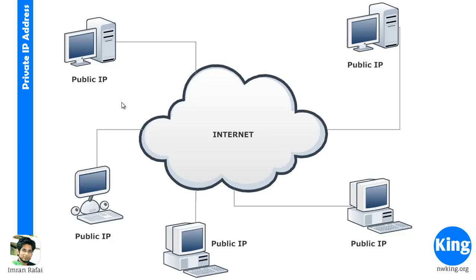Maybe they did not anticipate the internet growing as it did in the last couple of decades, and very soon they realized they would run out of IP version 4, and that is when IP version 6 was designed. Also, concepts like NAT, which we will learn later and which is network address translation, and private IP came about.